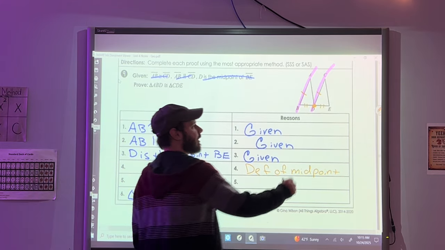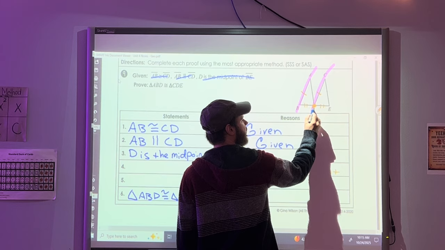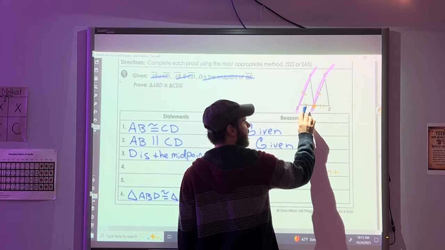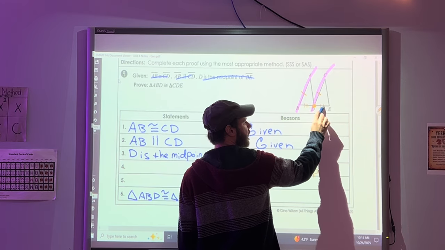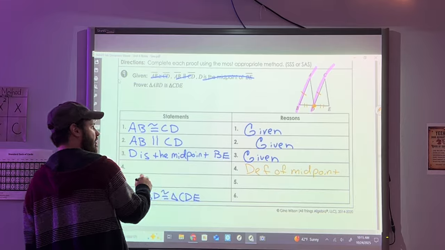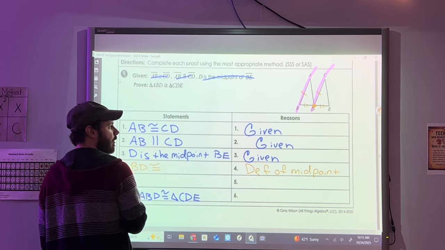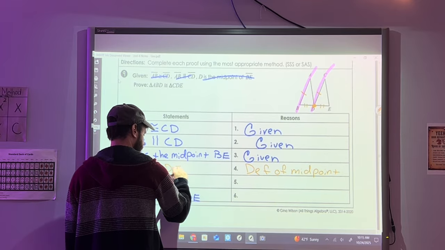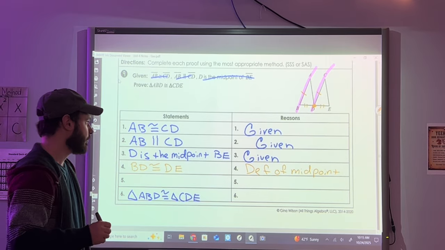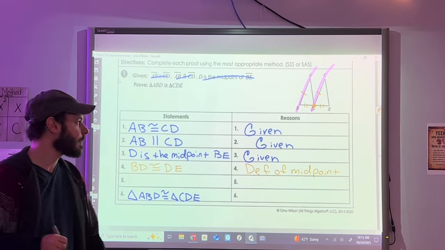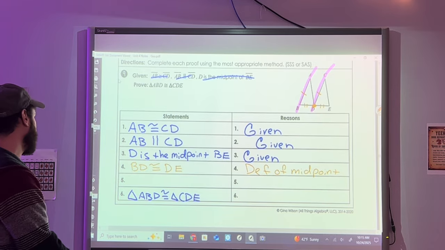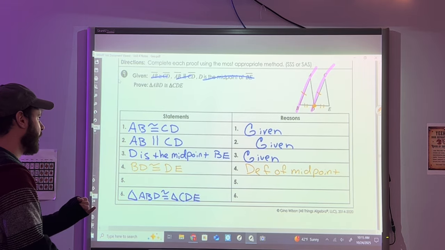Well, it's the same thing that I drew up here. D is in the middle of BE, so that means this half is congruent to that half. I'm going to say that BD is congruent to DE. Okay, so now I have my midpoint taken care of.